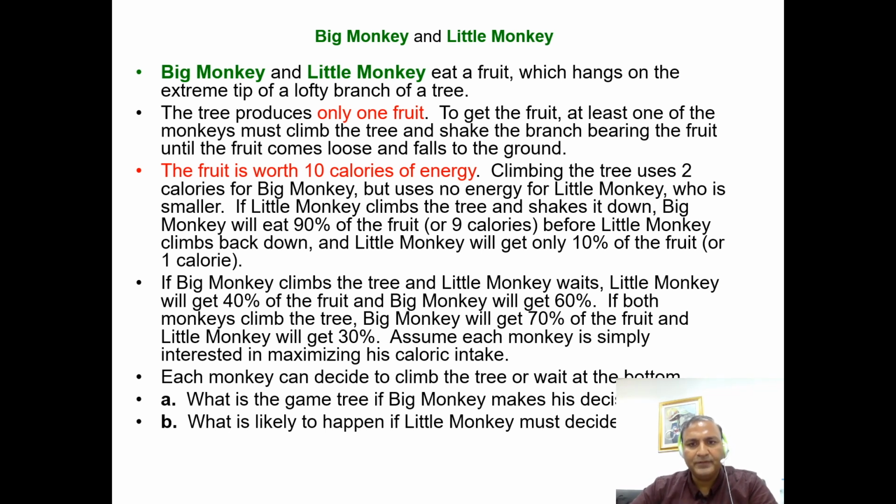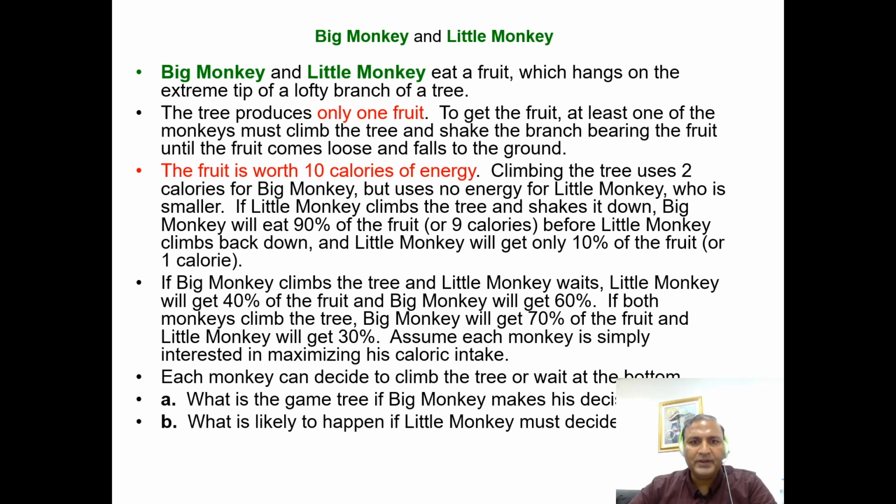For example, if the big monkey decides to go up on the tree, then it takes a lot of energy from the big monkey, and he will be using 2 of the calories. And if the little monkey decides to go up on the tree, then he is so little, he does not need a lot of energy, so his energy consumption will be 0.